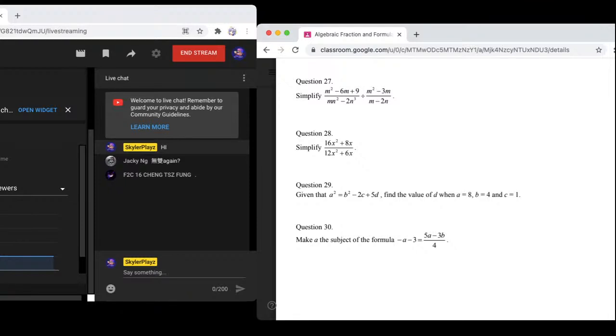Final question. Make a the subject of the formula. Minus (a minus 3) equals (5a plus 3b) over 4. And then a equals 5 divided by 4a plus 3 divided by 4b. Negative (a minus 3), move it to the left hand side. And then negative 9 over 4a equals 3 over 4b plus 3.